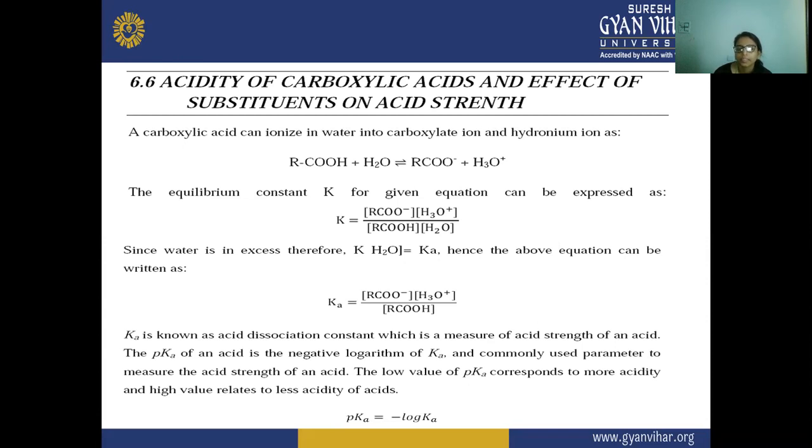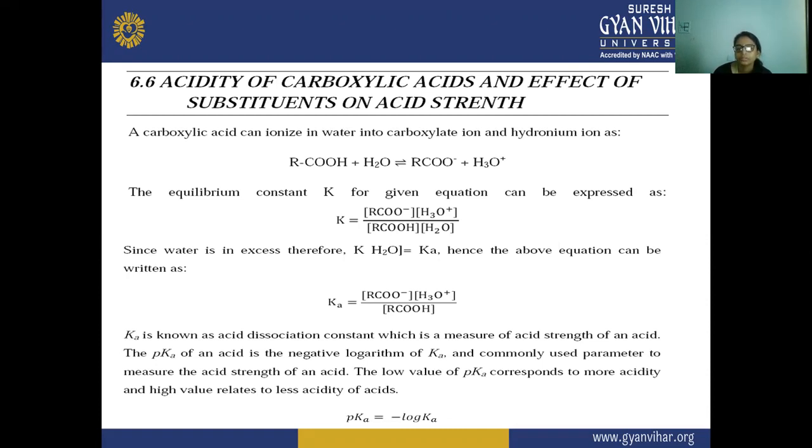Since water is in excess, therefore K[H2O] equals to Ka. Hence, the above equation can be written as Ka equals to carboxylate ion and hydronium ion upon carboxylic acid. So this Ka is the acid dissociation constant, and from this Ka we can measure the acid strength of an acid.